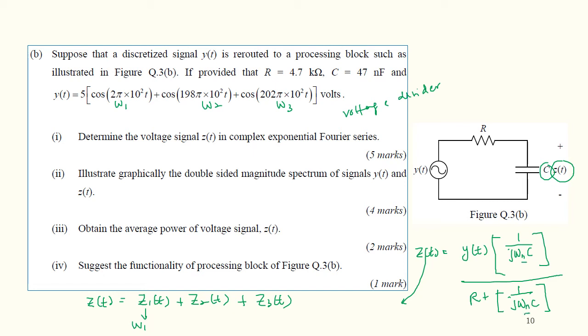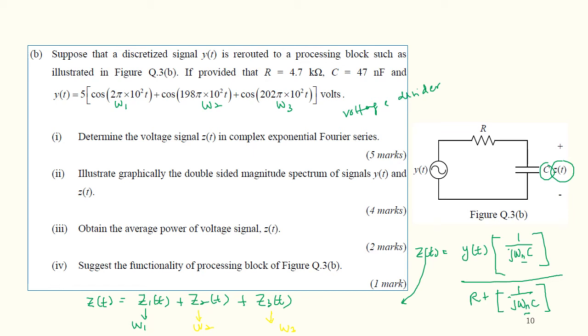Then z2 when you use omega 2 in y(t) and also in omega n, and z3 when you use omega 3 in your calculation. Finally, you sum them up.